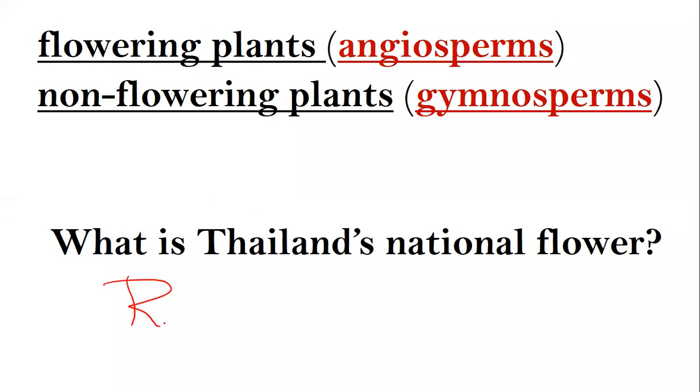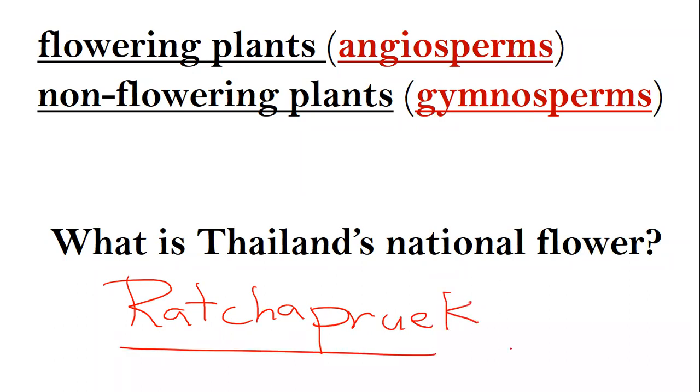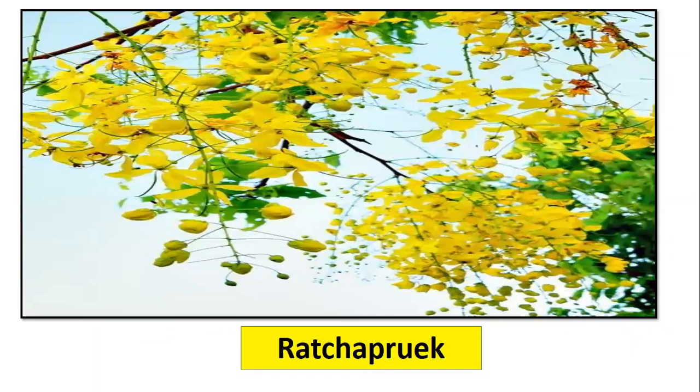It is Ratchapruk. I am not sure with the pronunciation or how to read this one, but I think this is Ratchapruk. Am I correct how to read that one? Yes. Ratchapruk. That is the national flower, and that is color yellow. Okay? So, next.